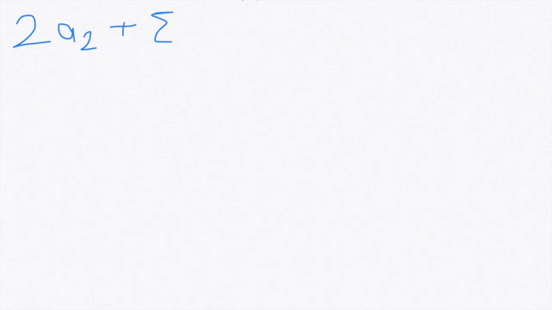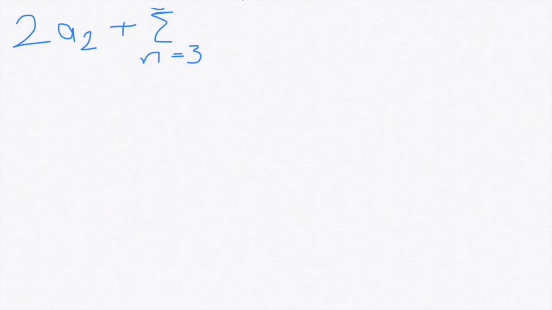Alright, so our differential equation was, let's rewrite that, 2 times a of 2 plus the sum from n equals 3. And notice when I write series, I'll just put this, it implies that it's to infinity.